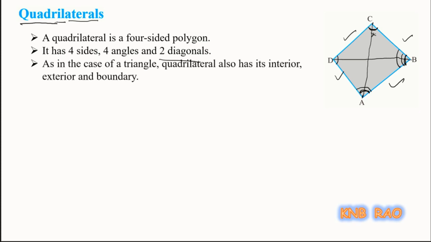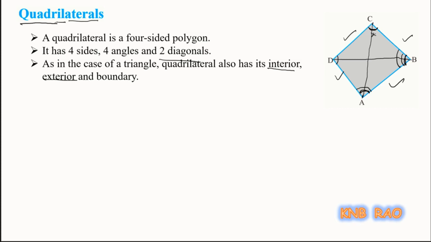As in the case of a triangle, even in a quadrilateral you can identify the interior portion, where I have shaded in this quadrilateral, that is the interior portion inside the quadrilateral, and there is the exterior portion also, outside of this quadrilateral. Because it's a closed figure, outside you can identify other than inside.